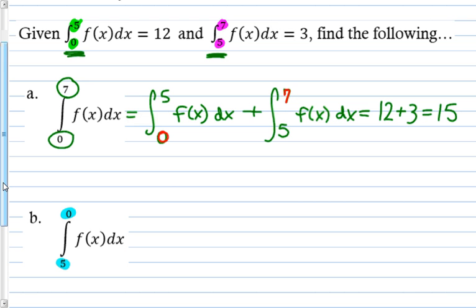Hopefully you see that the 0 is no longer on the bottom, it's on top, and the 5 is on the bottom. So now the 0 is the upper limit, and the 5 is the lower limit. When limits are switched, the original answer for this was 12. With a switched limit, it becomes negative 12. And that's it.